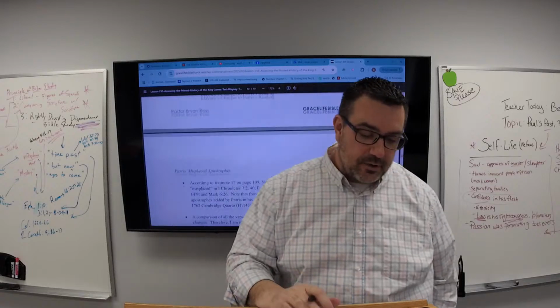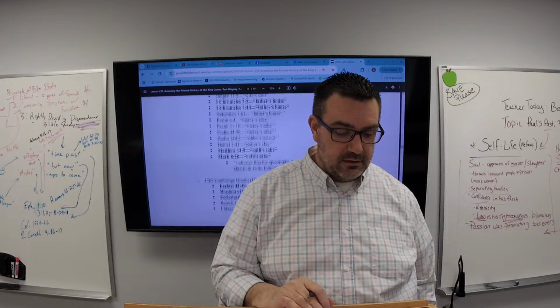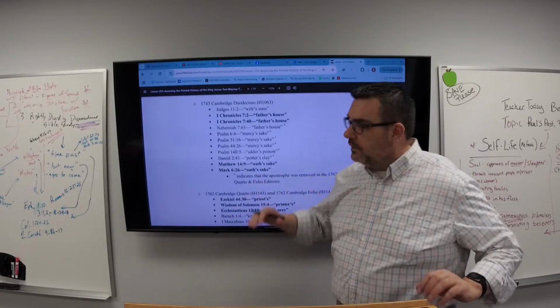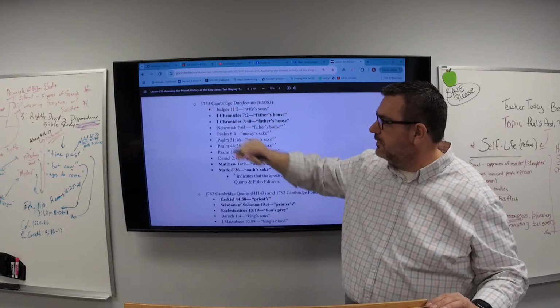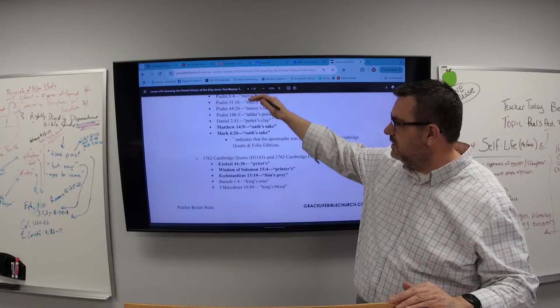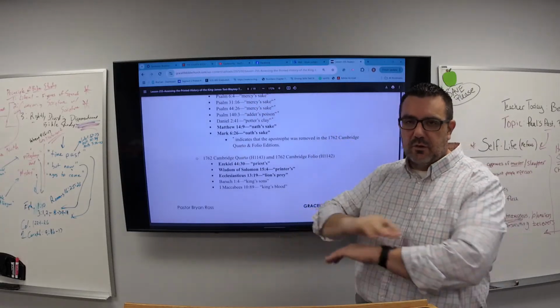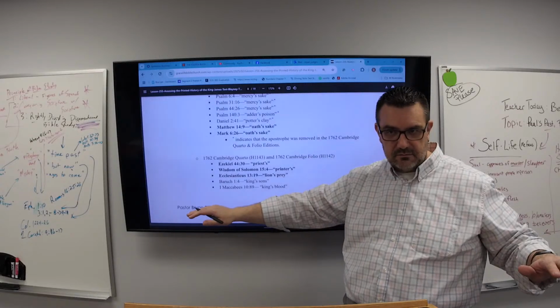So let's go back up here briefly. What do all these bolded ones mean? These bolded ones mean that the change was made in 1743, and the 1762 editions accepted those changes without further revision. Does that make sense?